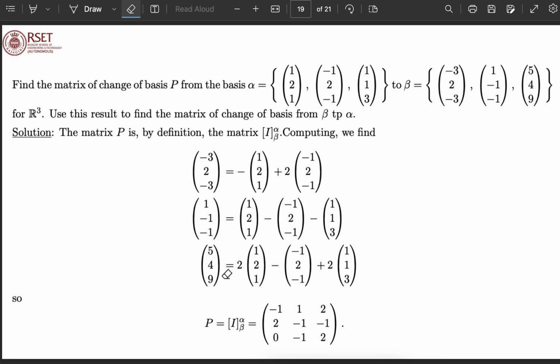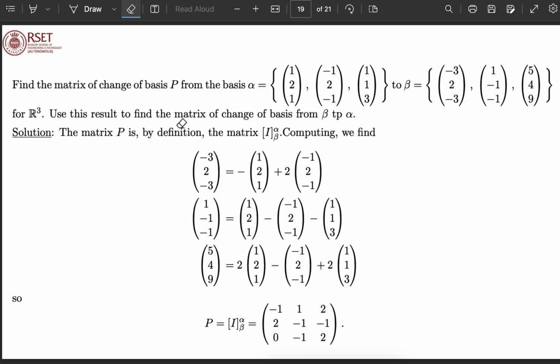You will get the constants 2, -1, 2. So the last column of the matrix P will be (2, -1, 2). Okay, so this is the matrix P that we use to change the basis alpha to beta.